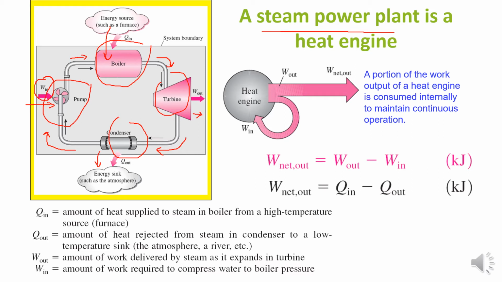into the system. So Q in is the amount of heat supplied to the steam boiler. Q out is the amount of heat rejected from the steam in the condenser, and work out is the work delivered by the steam as it expands in the turbine, and the amount of work required to circulate the water in the system will be the work in.